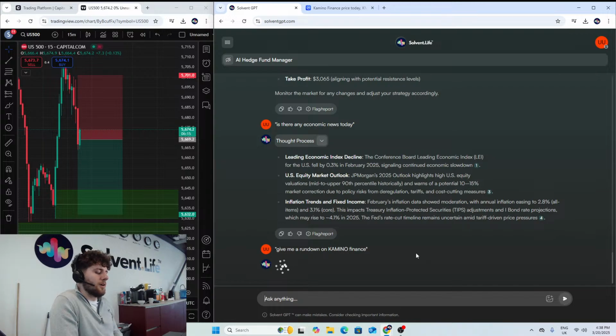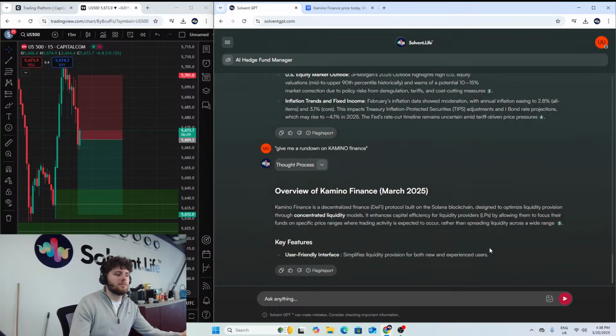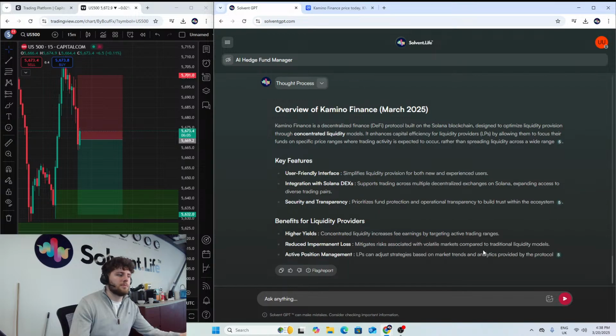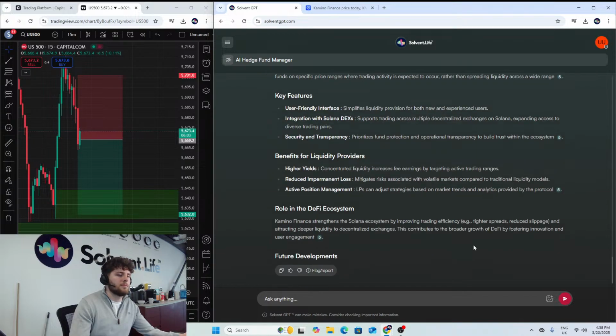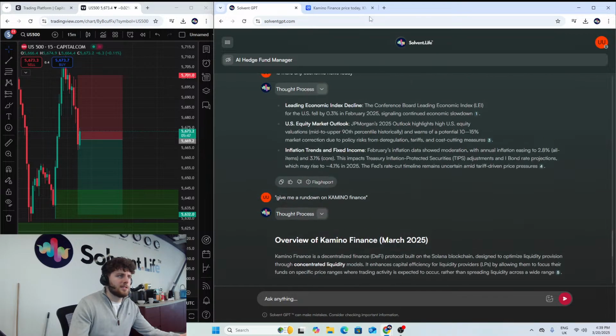So we'll just see what kind of information the GPT is able to pull up for us. Camino Finance. Concentrated liquidity models. Expected to evolve with market demands. Strengthens the Solana ecosystem by improving trading efficiency, so tighter spreads, reduced slippage. Let's take a look at this website.